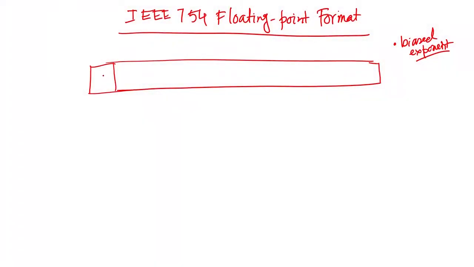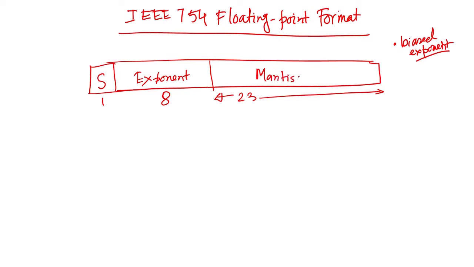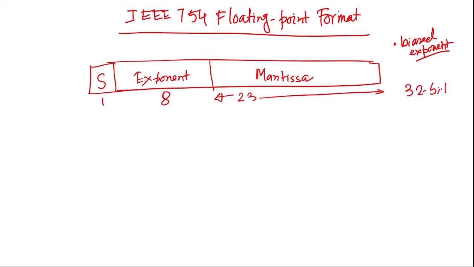This is the sign bit, which is 1 bit, then this is the exponent, which is 8 bits, and the rest, 23 bits, is the mantissa. Total is 32 bits.